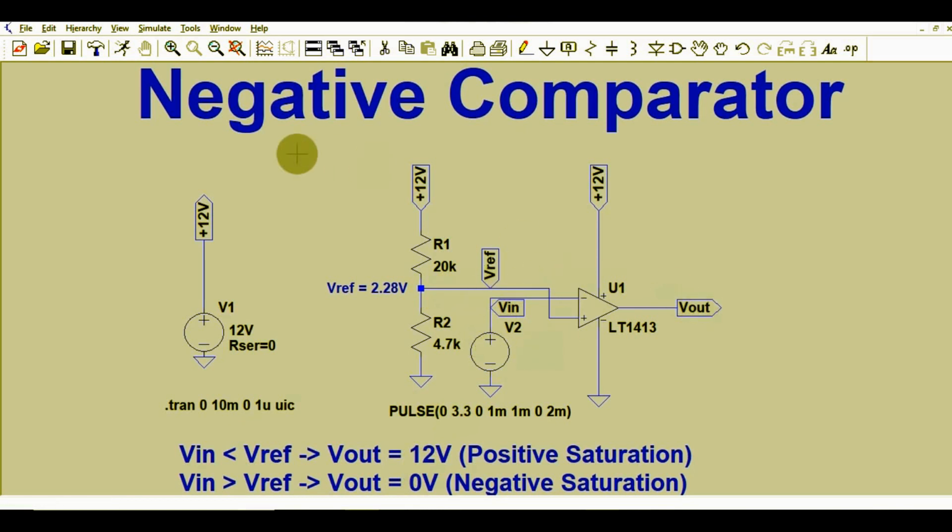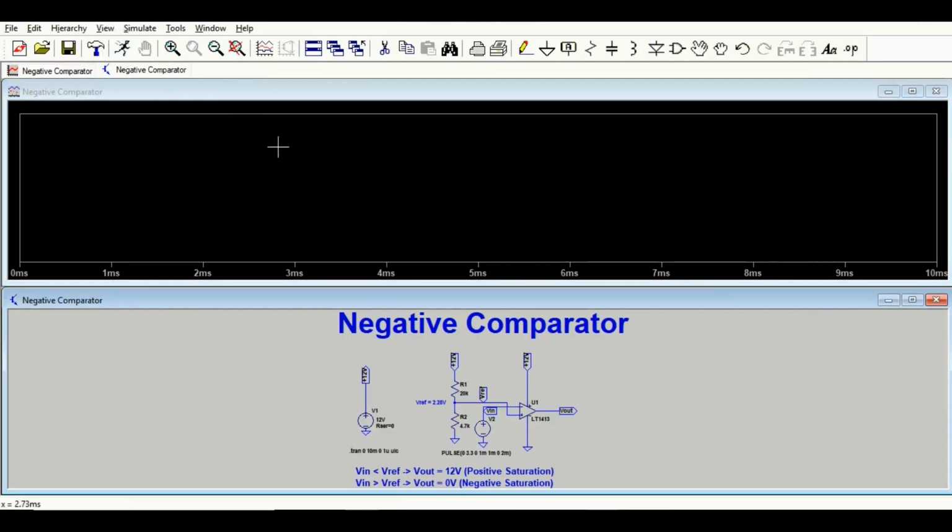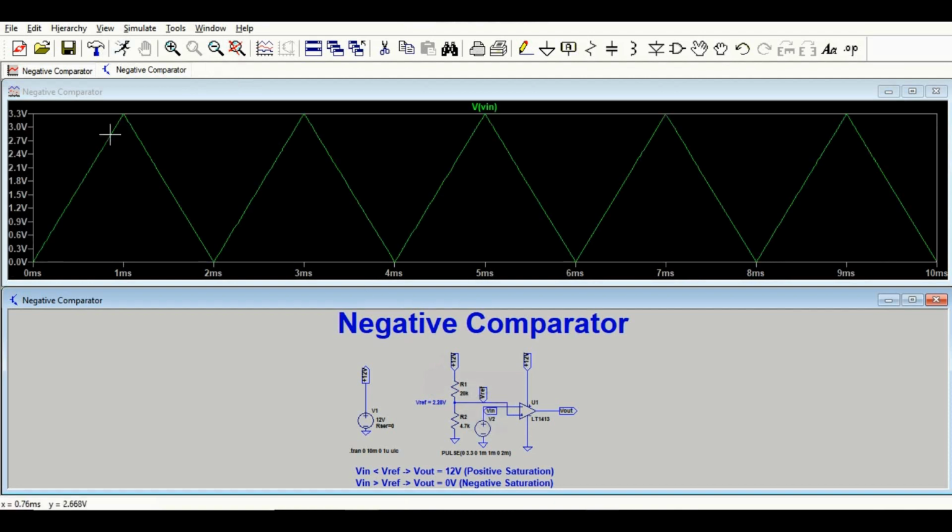Okay, so let me run the simulation command here. Right, so first I will show you this is the input signal, and it is noted at V in.